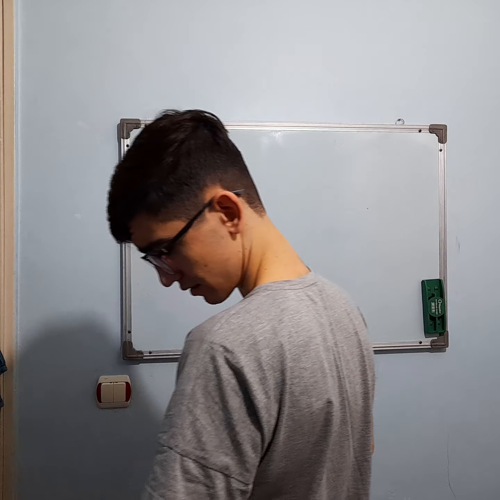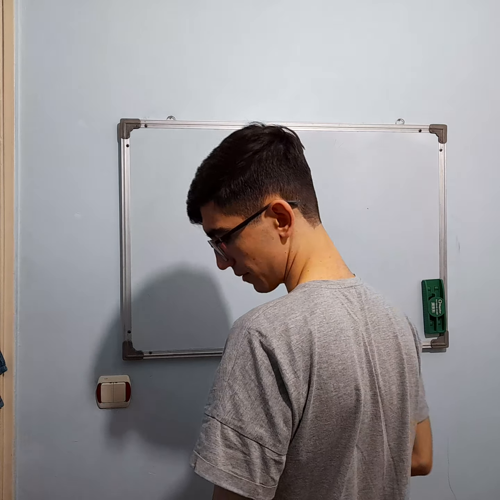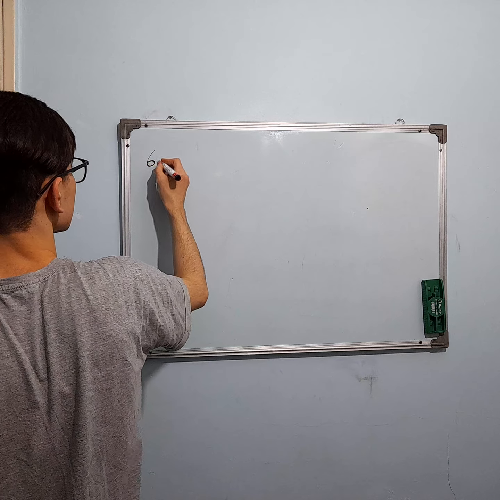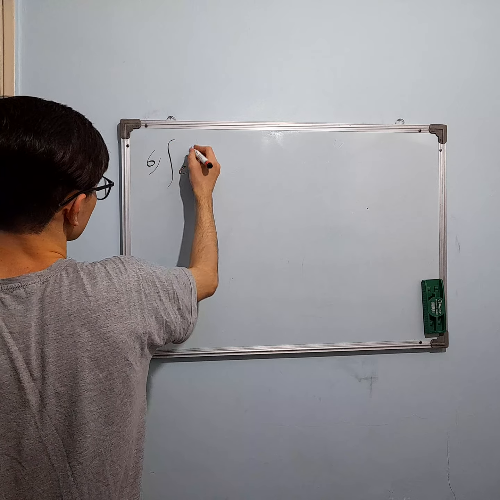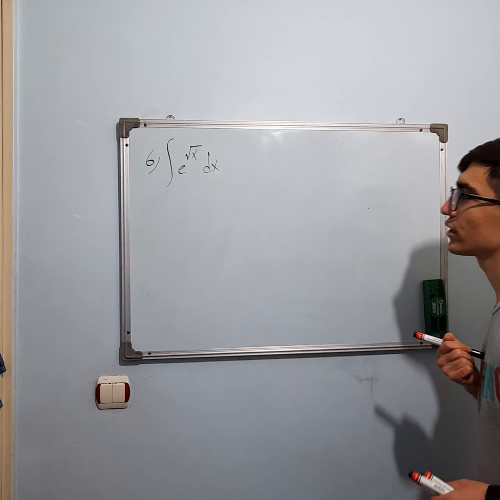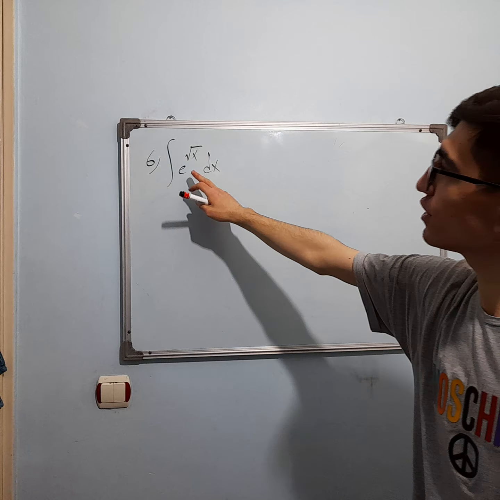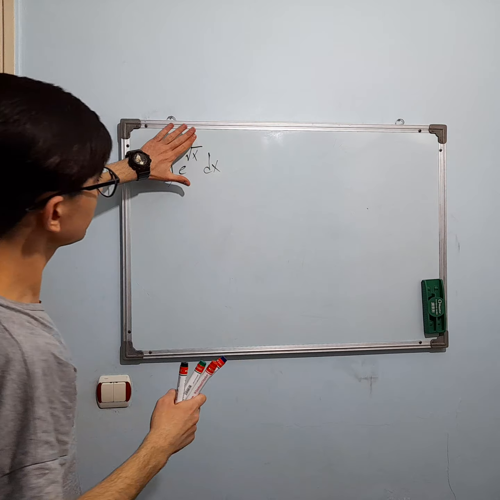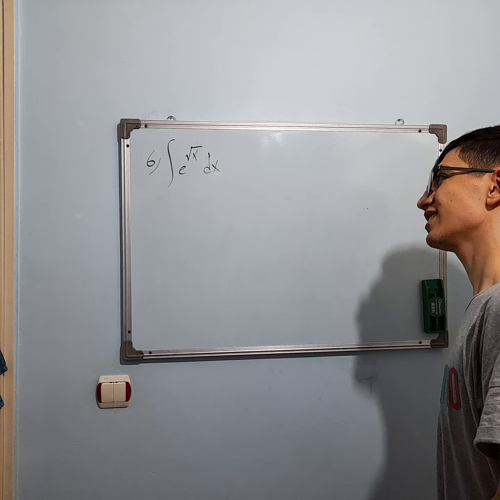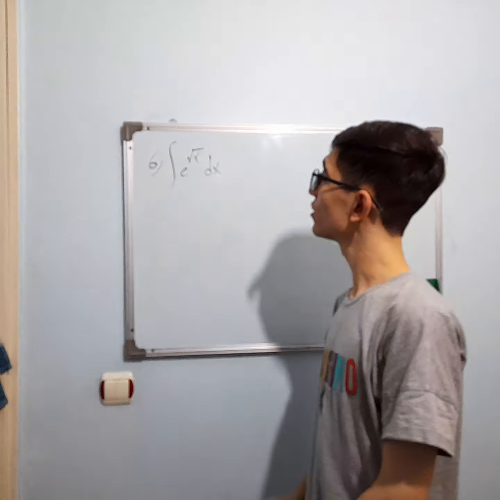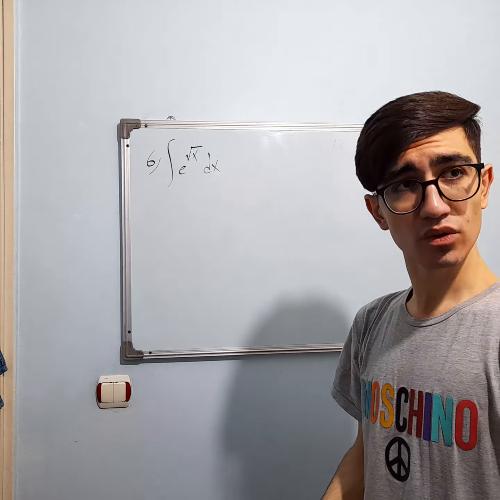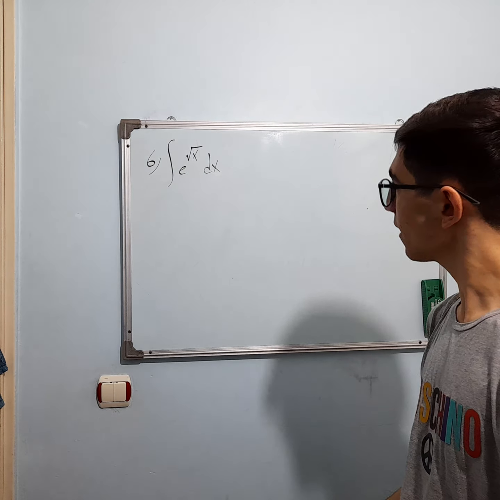The fifth one, yeah. Oh, sorry, the sixth one. The integral of e to the square root of x dx. If we didn't have the square root, it would be so easy, and the answer would be e to the x plus c. But now, when it's the square root of x, we must take it as u and use u-substitution.